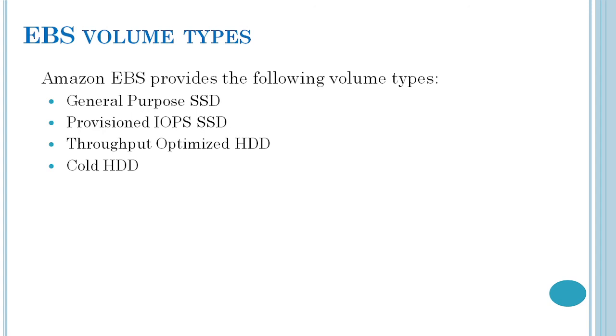Throughput optimized HDD volumes provide low cost magnetic storage that defines performance in terms of throughput rather than IOPS. Then cold storage volumes. Cold HDD volumes provide low cost magnetic storage that defines performance in terms of throughput rather than IOPS. If you require infrequent access to your data and are looking to save cost, these volumes provide inexpensive block storage.